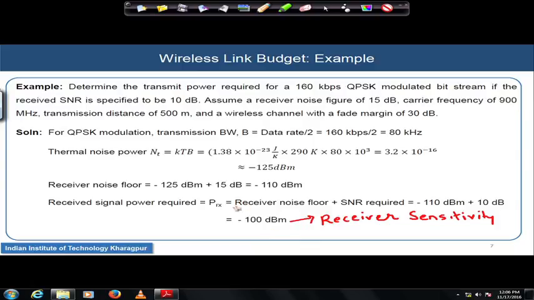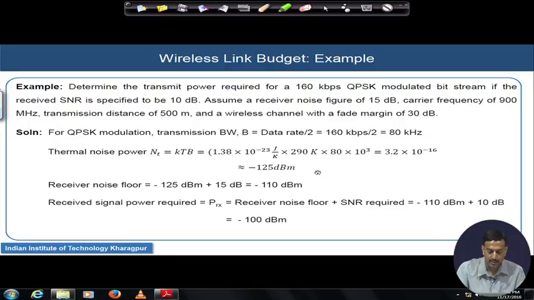So the receiver sensitivity for this system is minus 100 dBm. Based on this value, we will now find out what is the transmit power which is required in order to realize this kind of a sensitivity.